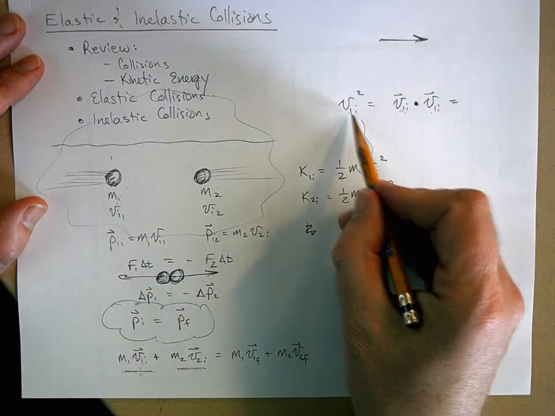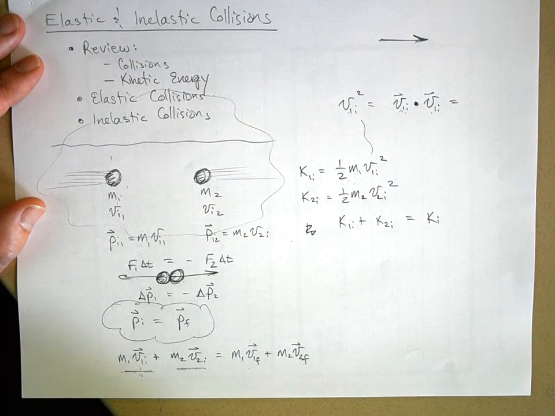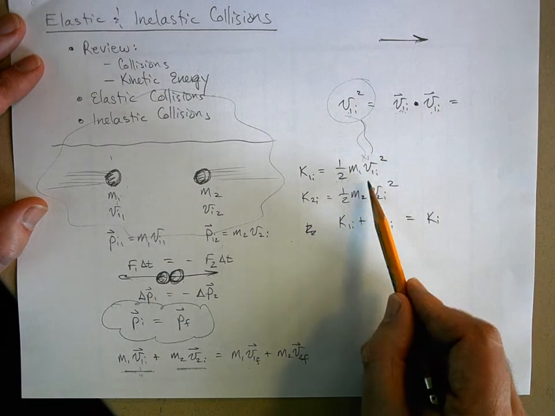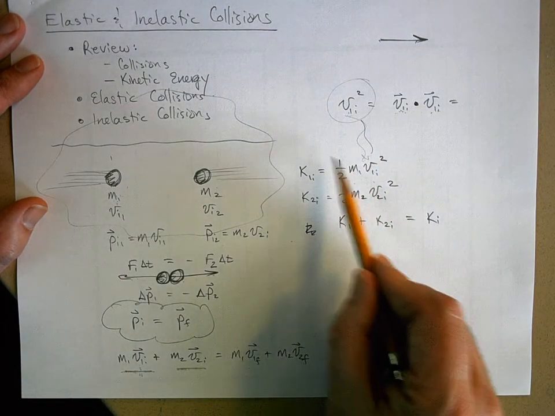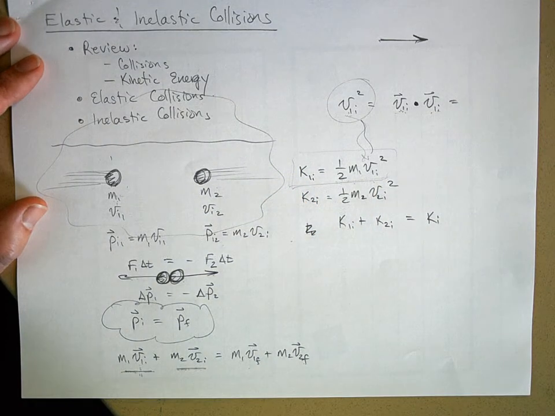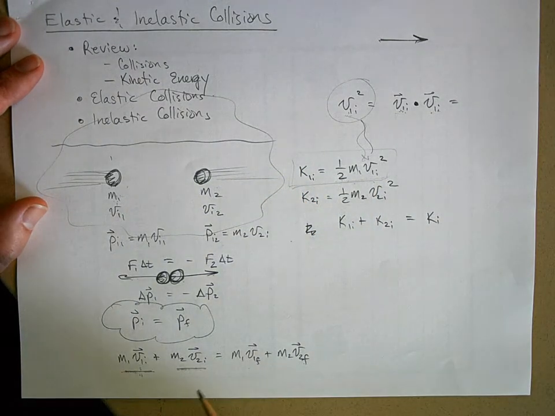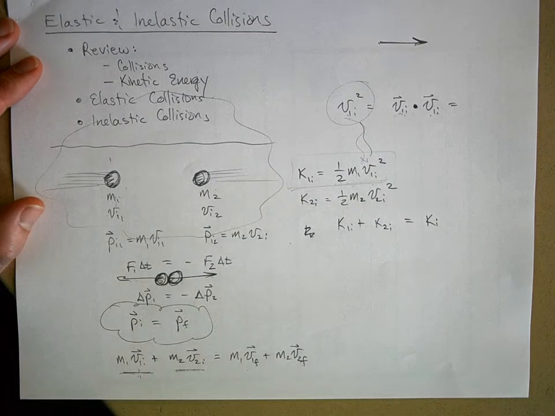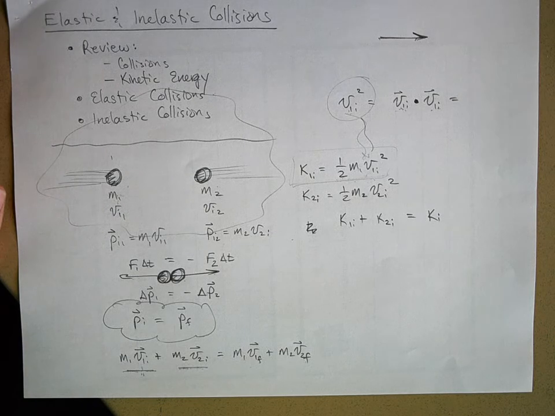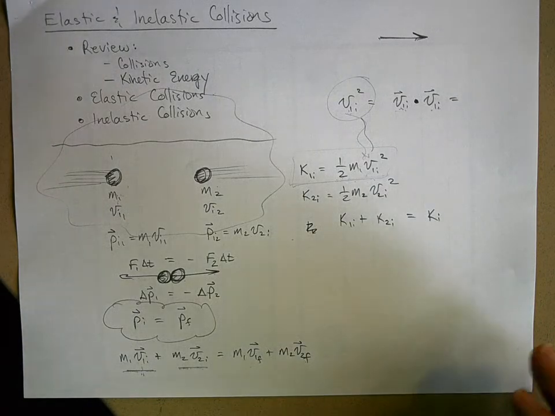So it just becomes V1 initial squared. So when you see this, think of, we use the dot product on the velocity, and thus we have a scalar. And energy is a scalar quantity. Work is a scalar quantity. Kinetic energy is a scalar quantity. Gravitational potential energy is a scalar quantity. Elastic potential energy is a scalar quantity. It has no direction, only magnitude.